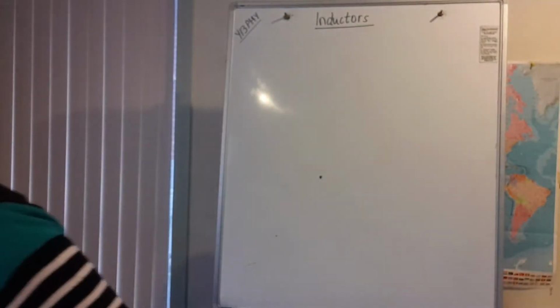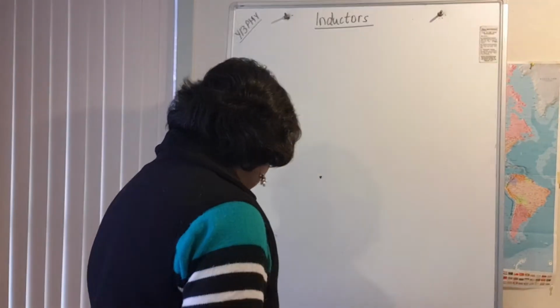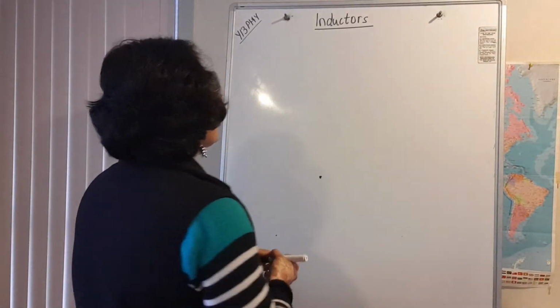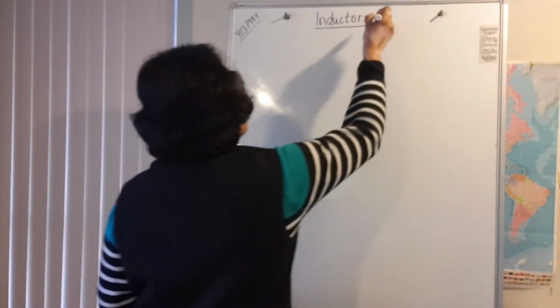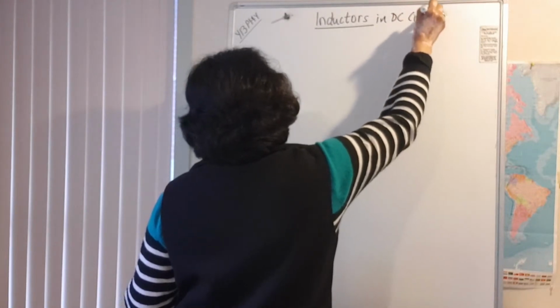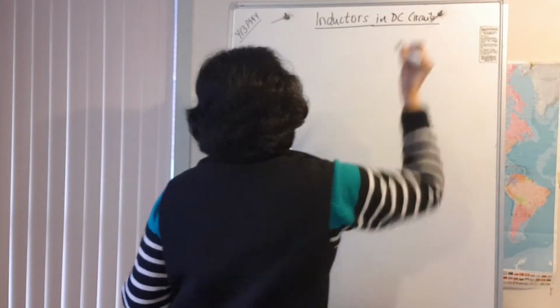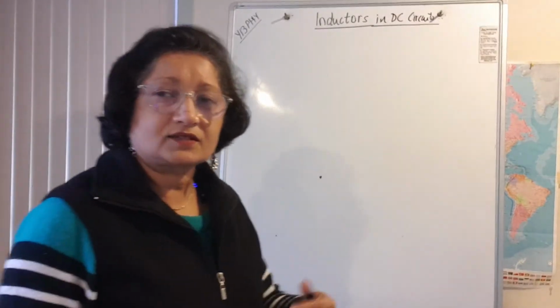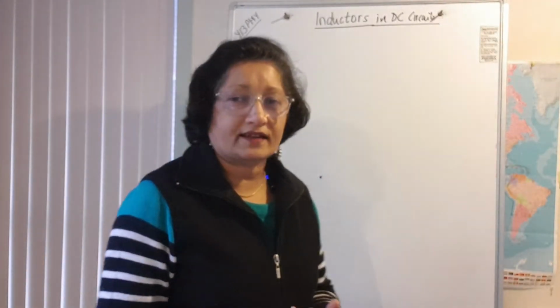Now, an inductor is very similar. The only difference is that the inductor has got many thousands of turns of wire. So when you have an inductor in a circuit, I'm just going to draw a DC circuit. So we're looking at inductors in DC circuits, because later on we're going to be looking at inductors in AC circuits when we learn the last part of electricity.